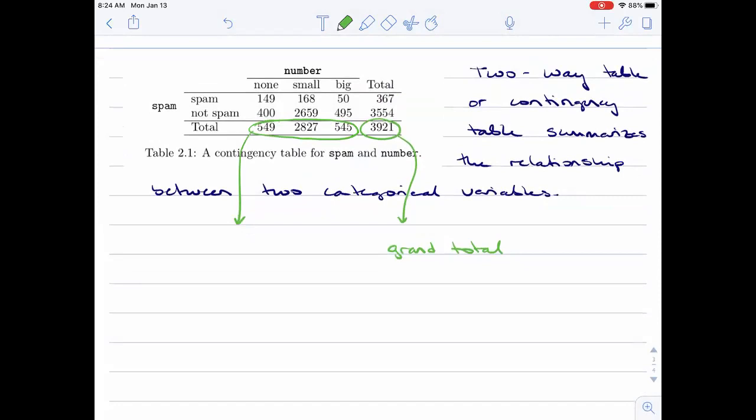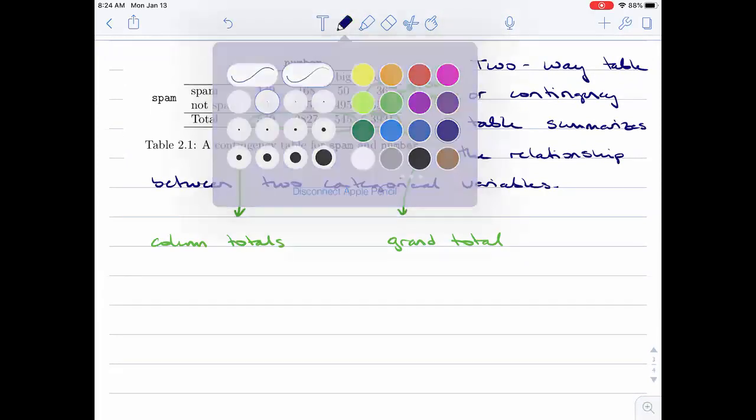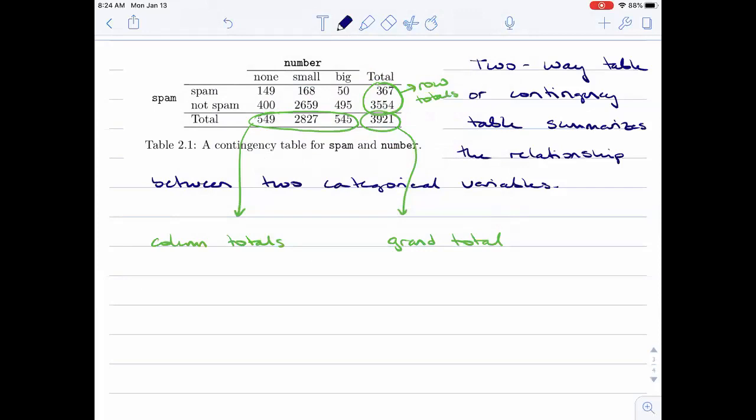These values here are the column totals. And then these values here are the row totals. So depending on if you want a row proportion or a column proportion or a grand proportion, we can develop proportions based off of these totals.